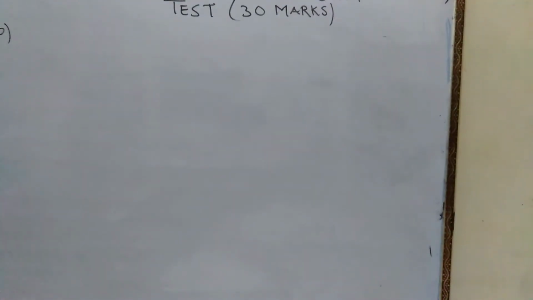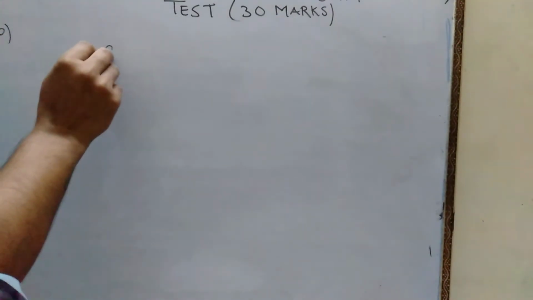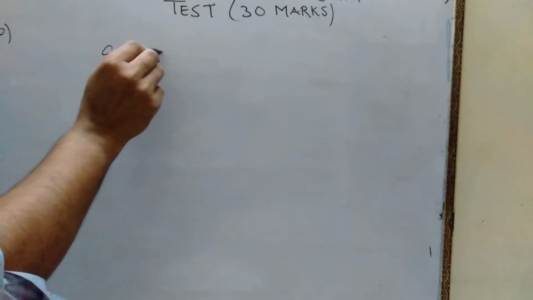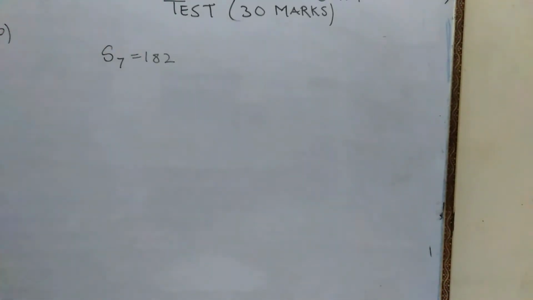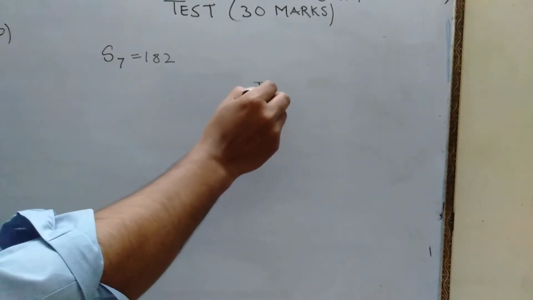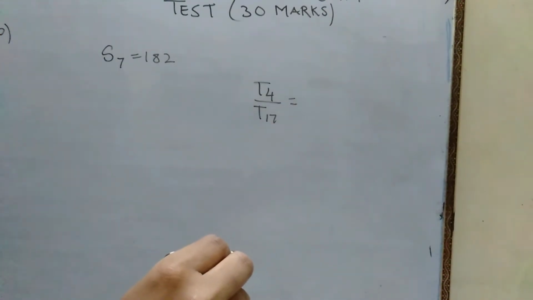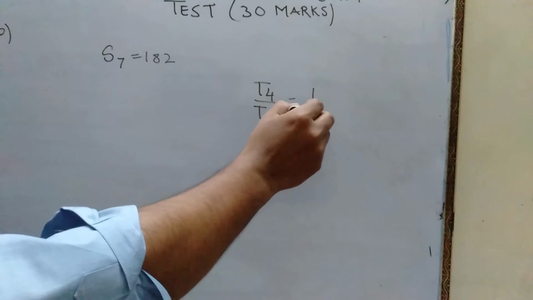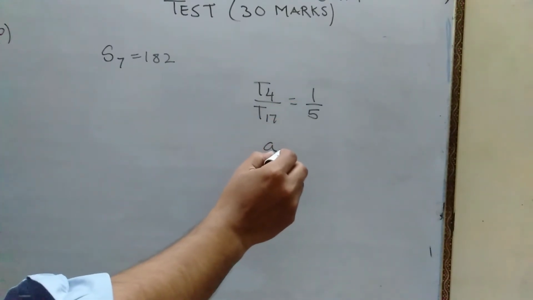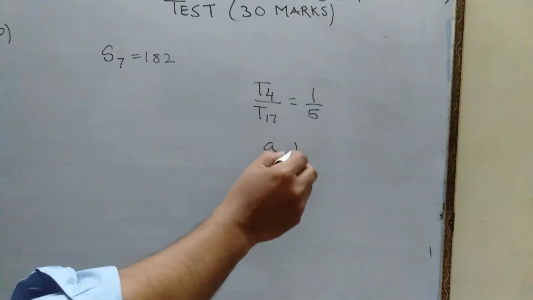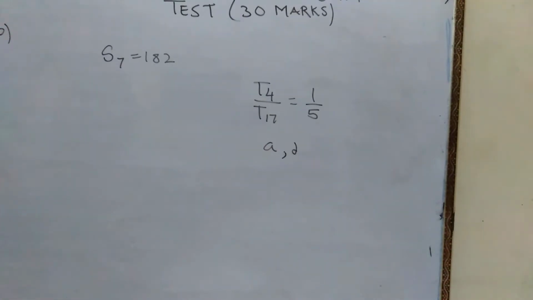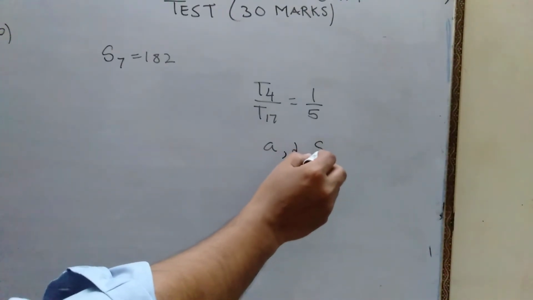In the last question, the sum of 7 terms of AP is given 182. And the ratio of 4th term and 17th term is 1:5. We have to find out first term, common difference, and the sum of 10 terms.